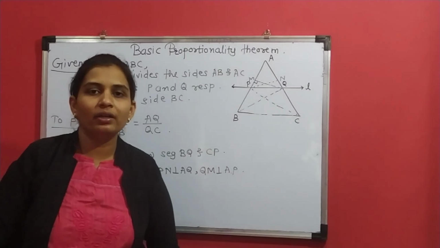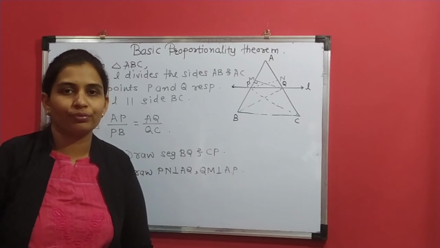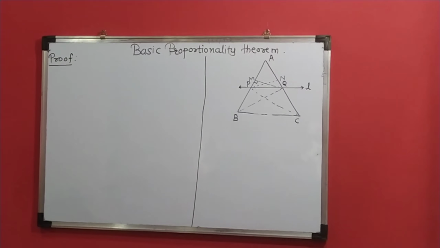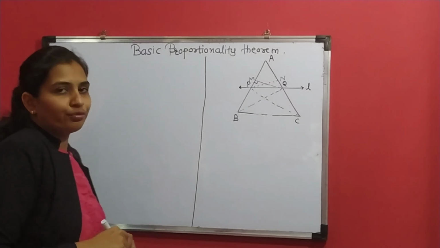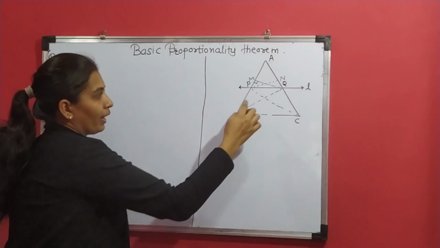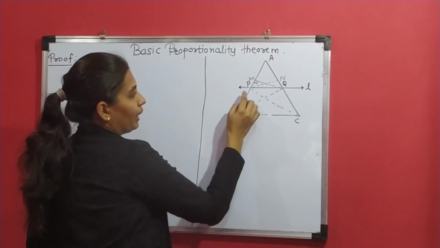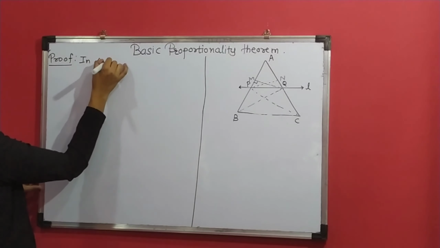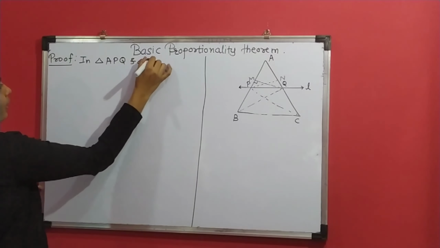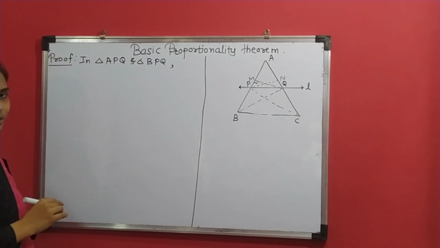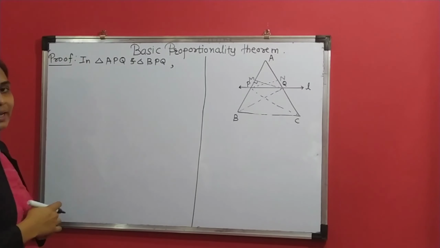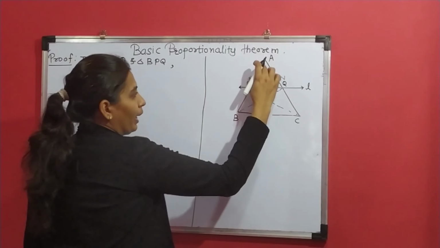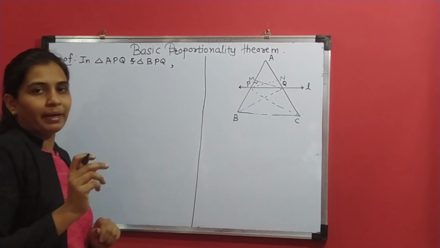Now we have to write the proof. So let's write proof. Now students, for this proof, we will take triangle APQ and triangle BPQ first. So I will write here, in triangle APQ and triangle BPQ, they have equal heights, so their bases will be AP and PB respectively.